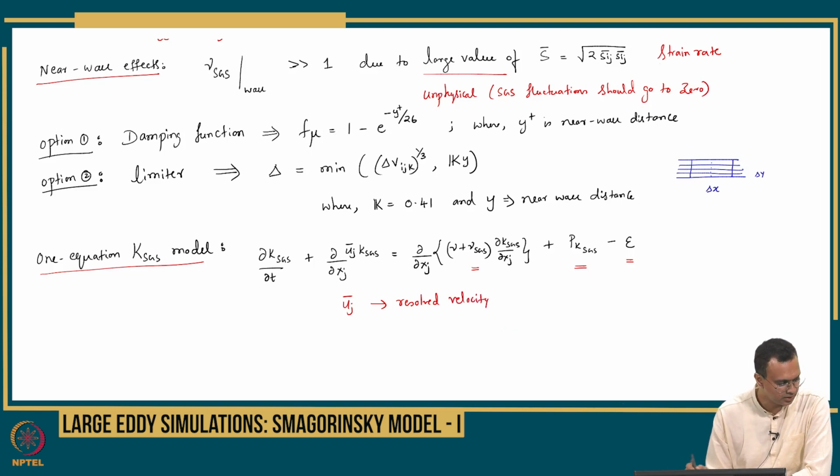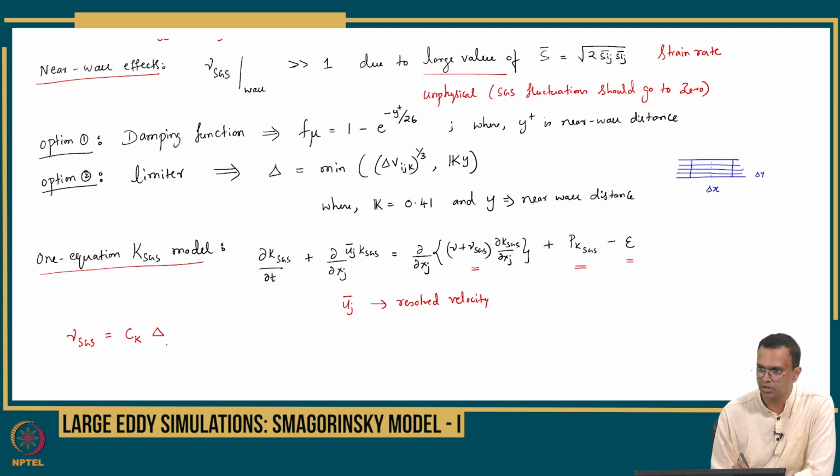But the unknown part, the first one, is of course ν_SGS. This is computed differently than in the Smagorinsky, in the one equation model. So what we do is there's a model constant C_k and then delta, the length scale. So that makes it meter here.